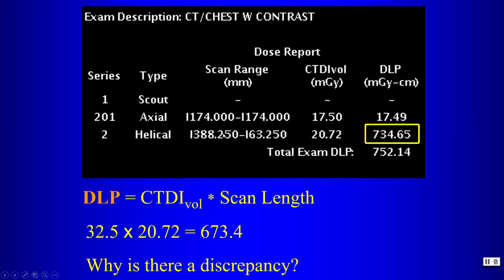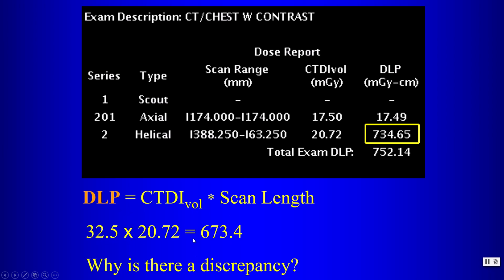In this case, these are in units of millimeters, and if we subtract here, we will get the scan length in millimeters, and we can convert that to centimeters, and we get 32.5.